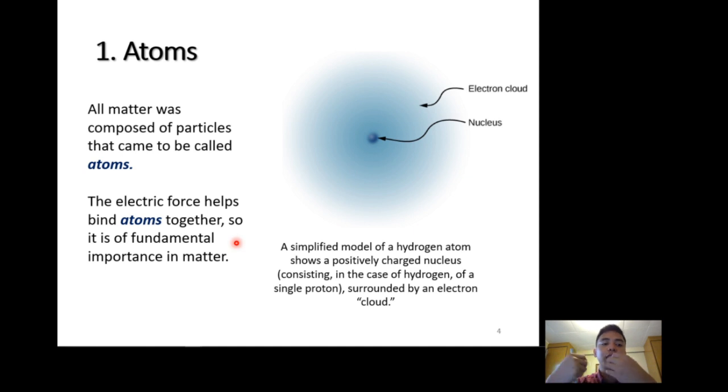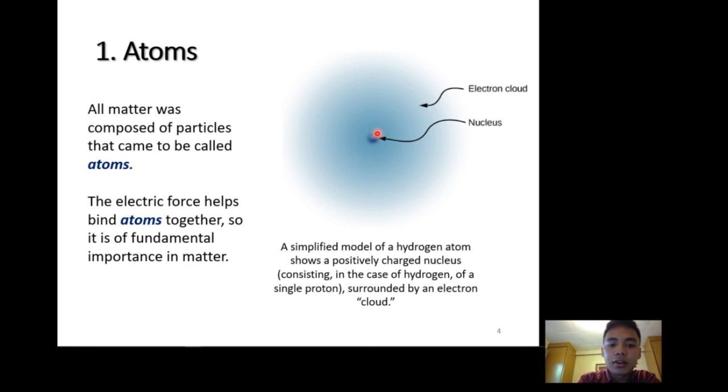Between atoms there is a force that unites them, and that electric force is very strong. It binds atoms together. This is an example of a simplified model of a hydrogen atom.